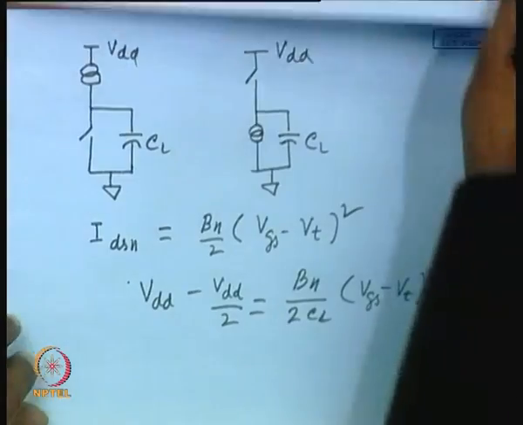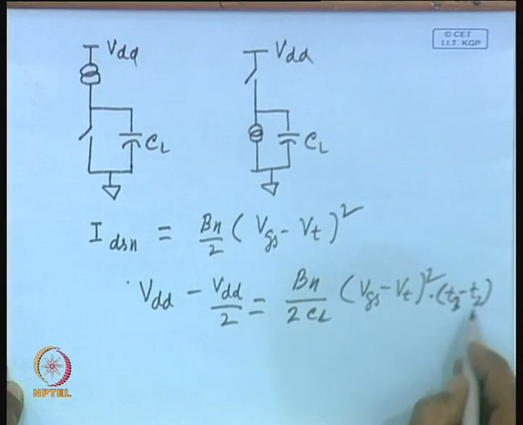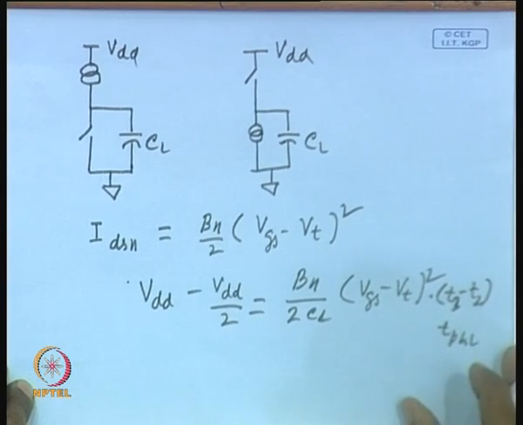So, T3 minus T2, this is your Tp high to low.